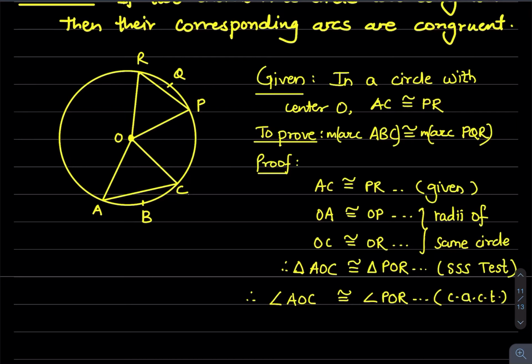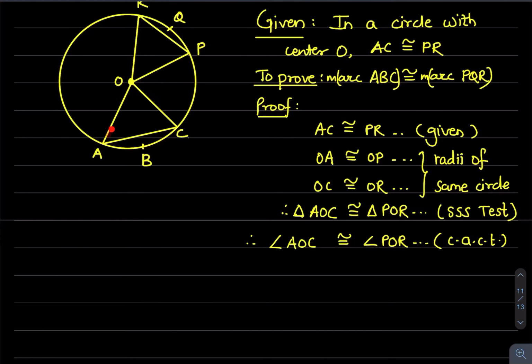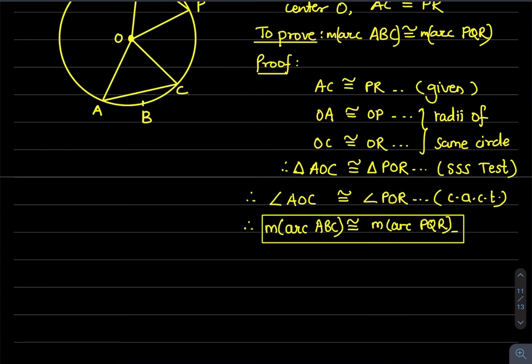So this is the SSS test, and by this test triangle AOC is congruent to triangle POR. Now by using CACT we get angle AOC congruent to angle POR, and as the central angles are congruent we get the corresponding arcs, arc ABC and arc PQR, congruent.